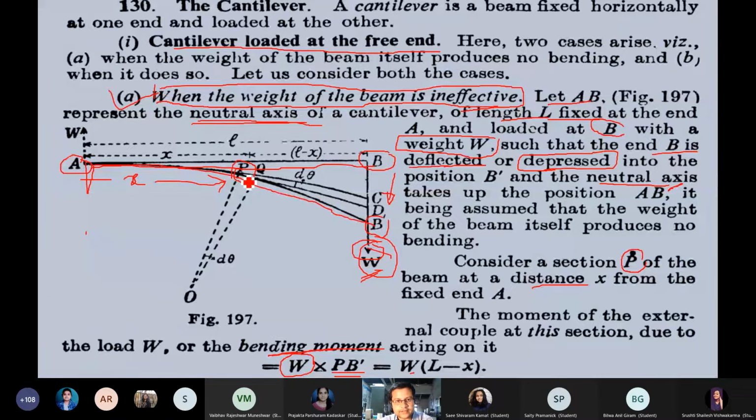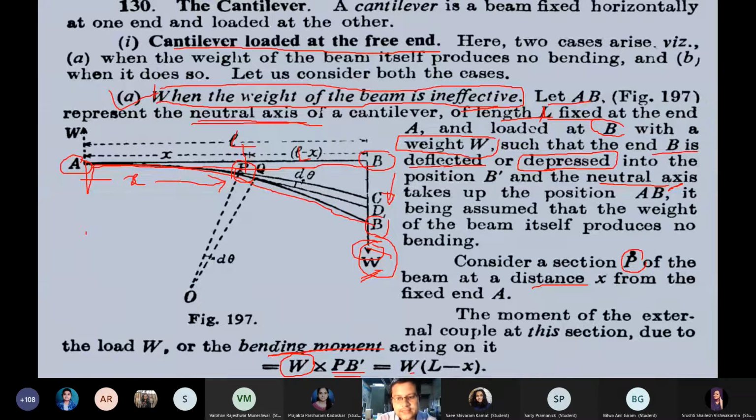It has the original length, not small l, sorry, it should be a capital L. Here the length should be a capital L, that's the original length. So the original length minus x will be PB prime. So PB prime has a magnitude of W into L minus x. Hope up to this point you understood.